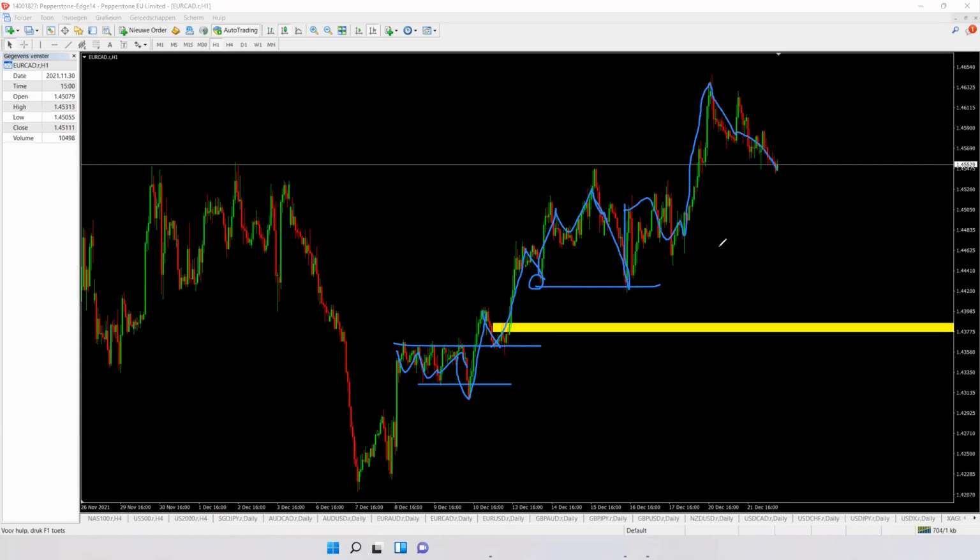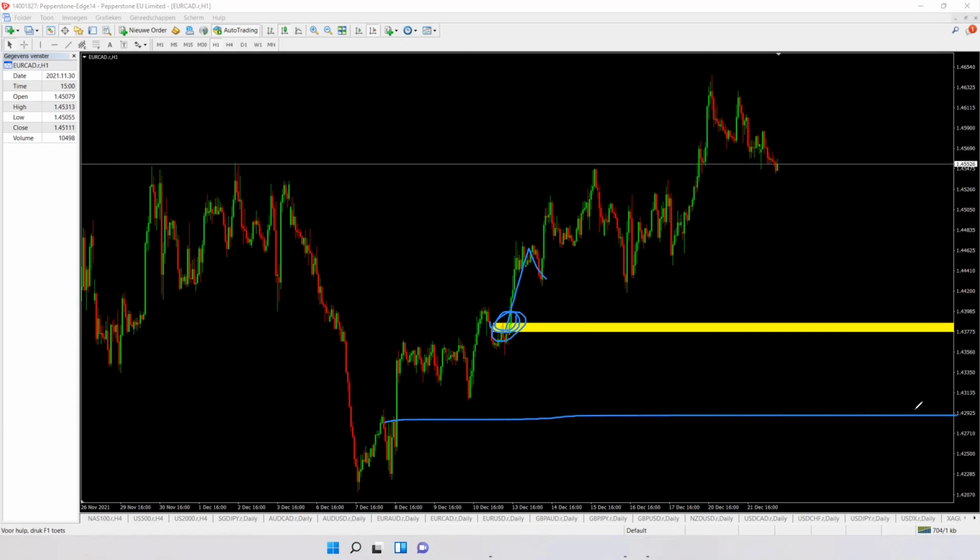Now we are slightly falling down. So as we had previously, price likes to retest origins of moves. And that's why I like this area, because this is the origin of this up move. Yes, we have another one here, but I doubt that price is going down that far.